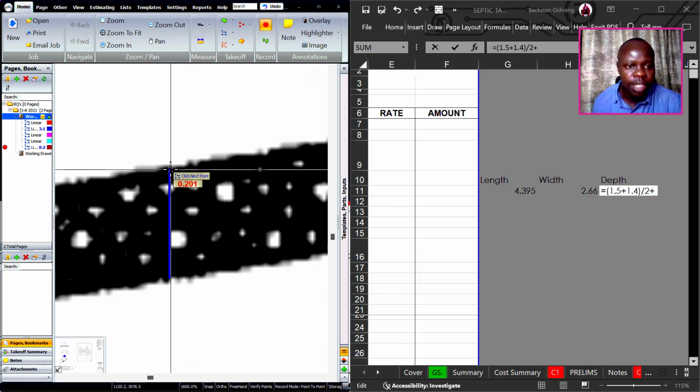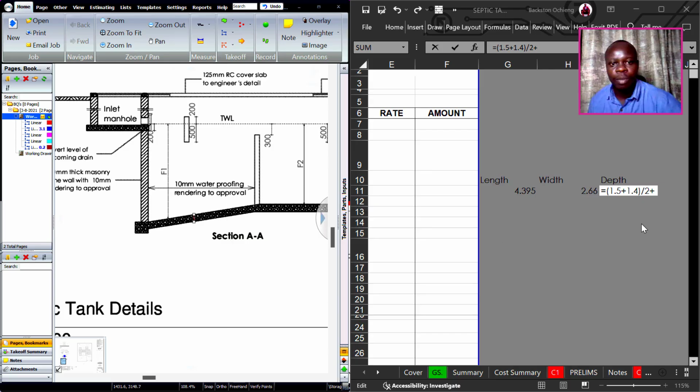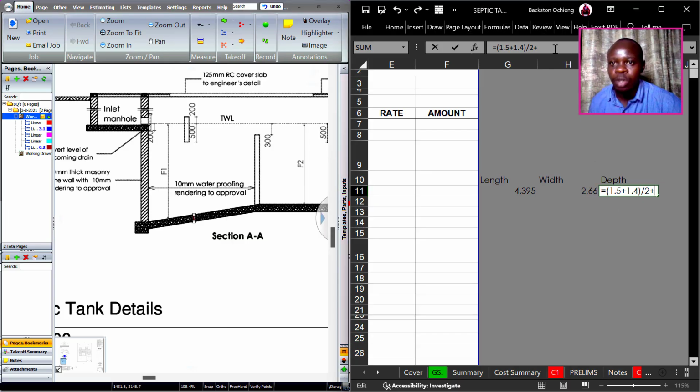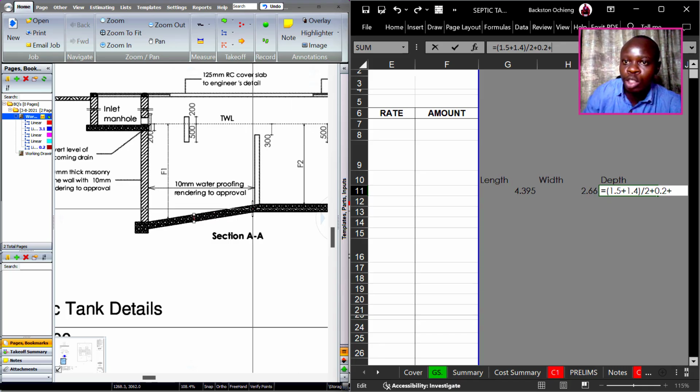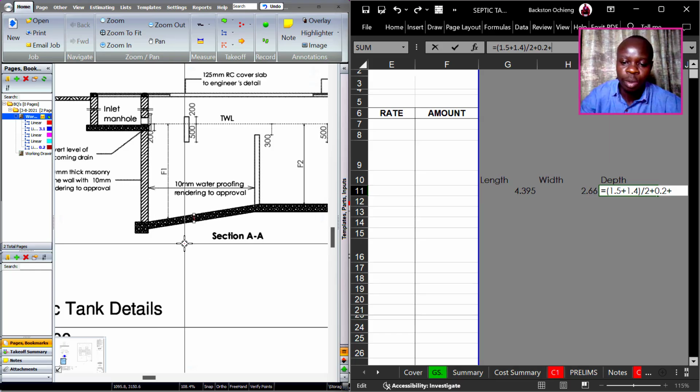All right, so that gives us 200 in the depth of the base. So we have here 0.2, and of course we are going to add a thickness for the blinding, which is normally 0.05 for blinding.